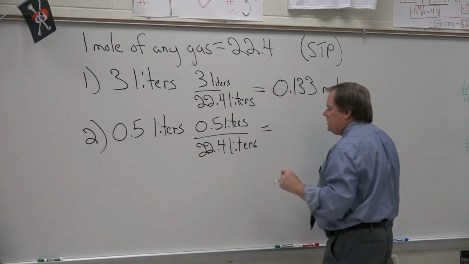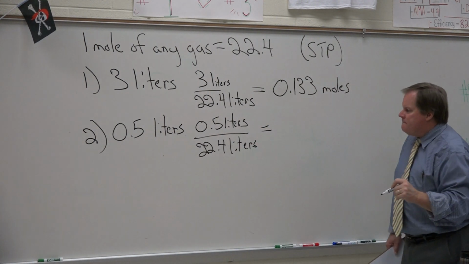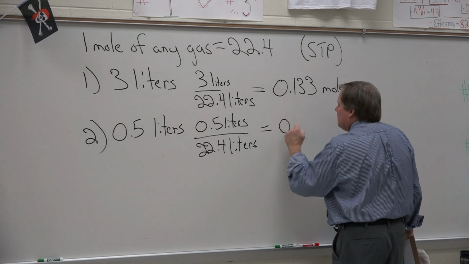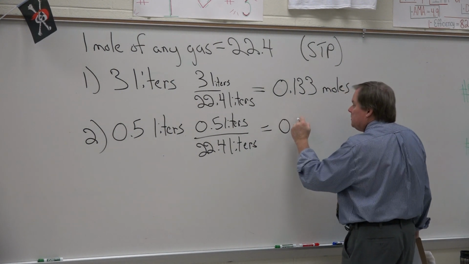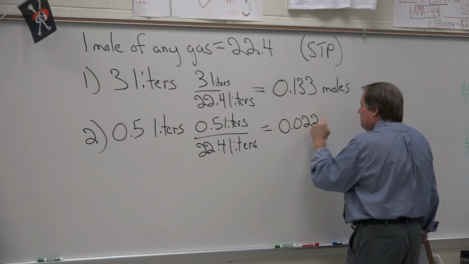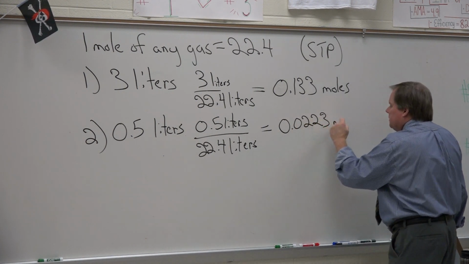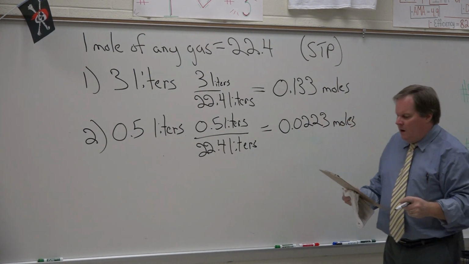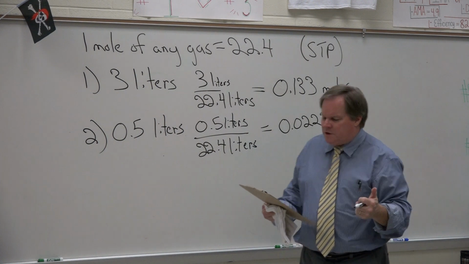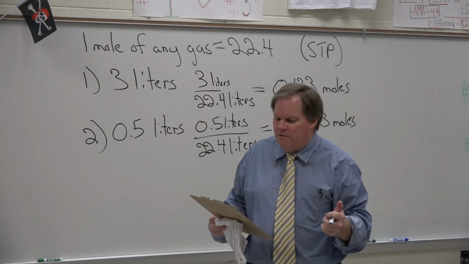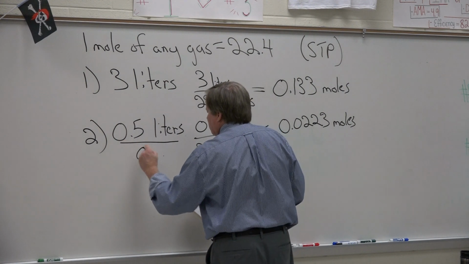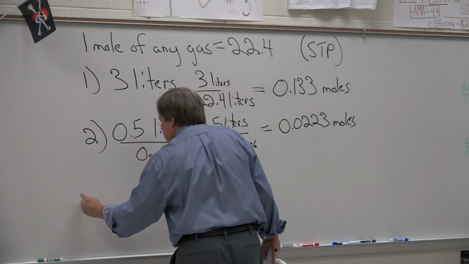And someone crunched that number for us. 0.223. Right. That looks good. Moles. So the question was how many moles are in 0.5 liters of O2 gas? So it's any gas.